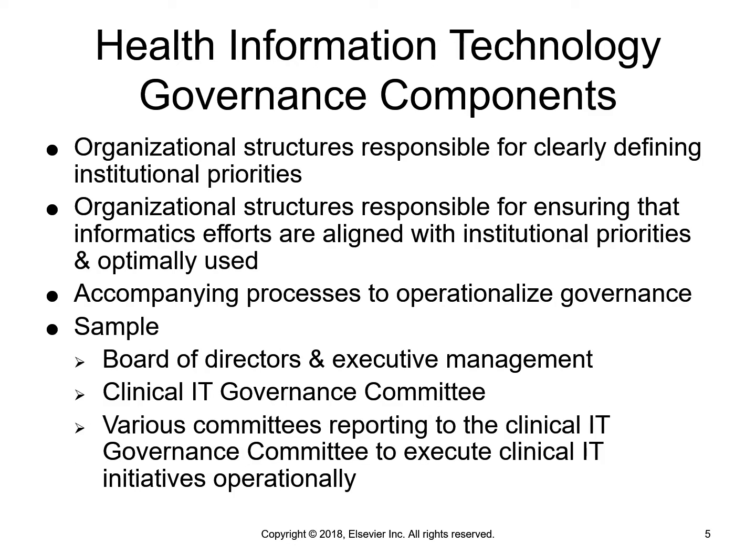The role of health IT governance is to help clarify priorities, allocate resources, and, when and if necessary, approve the funding to support the expansion of available health IT resources.